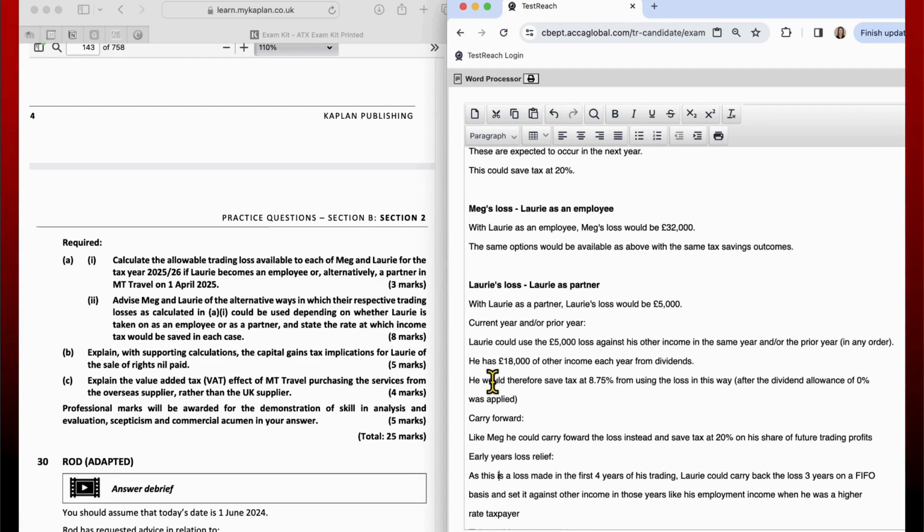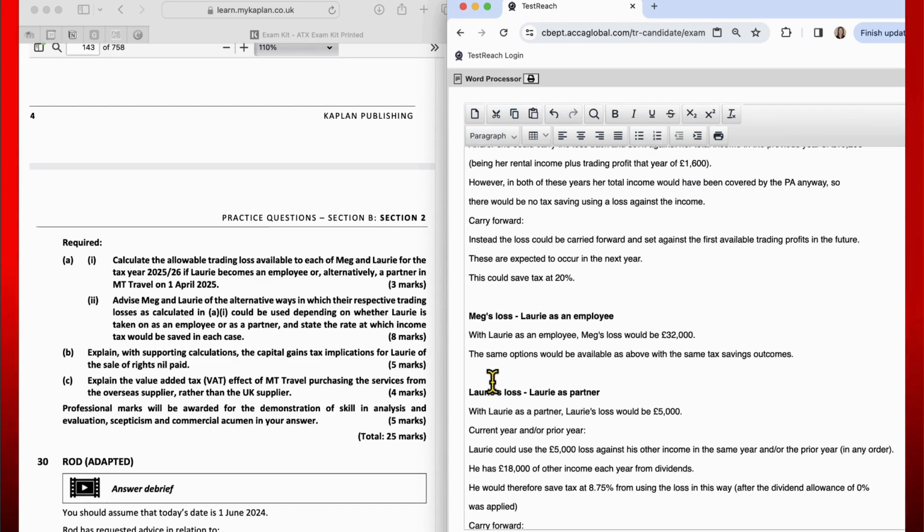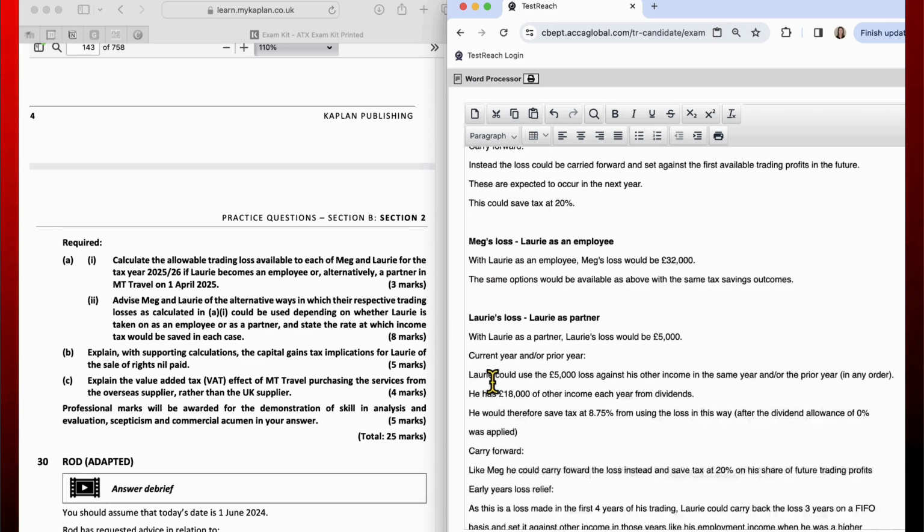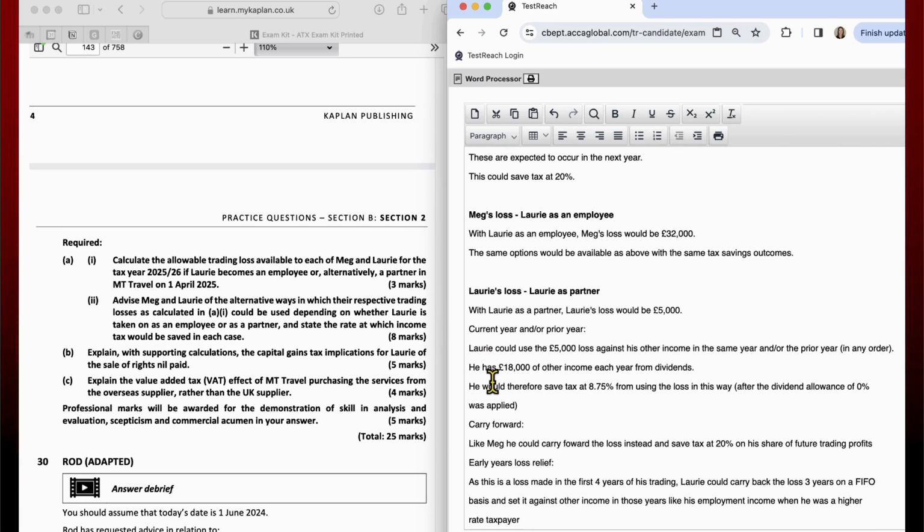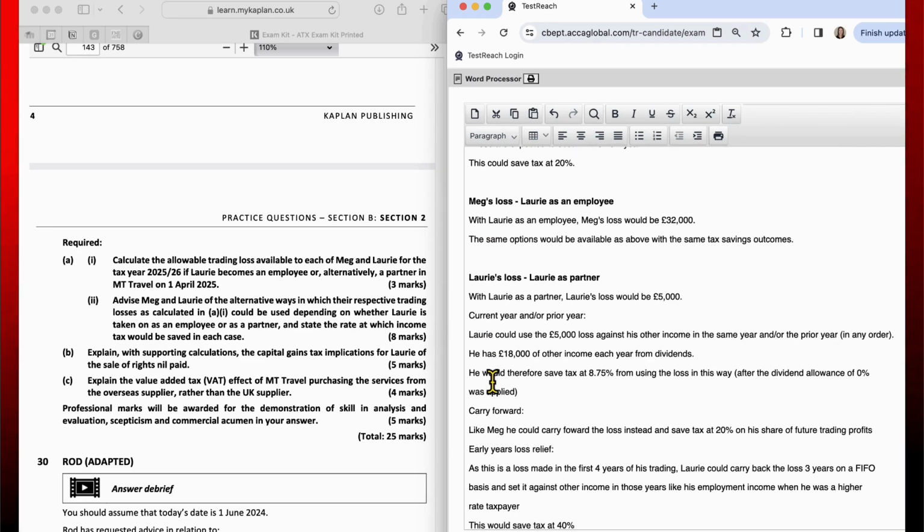And that way we're going to give a much better answer. We're picking up more technical marks along the way, and we're more likely to be picking up professional marks as well. And there were some analysis and evaluation professional marks for part A to do with going through the different loss relief options and using the figures that we've been given to illustrate our answer.